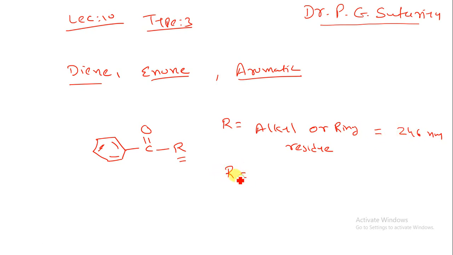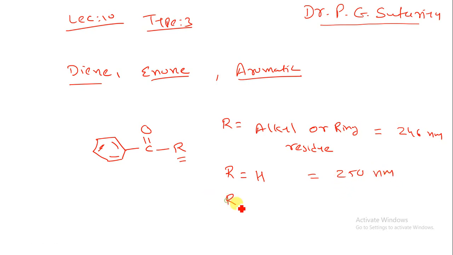Second, if R is equal to H, the group will become an aldehyde group. If R is equal to H, then we have to add 250 nanometer as the base value.